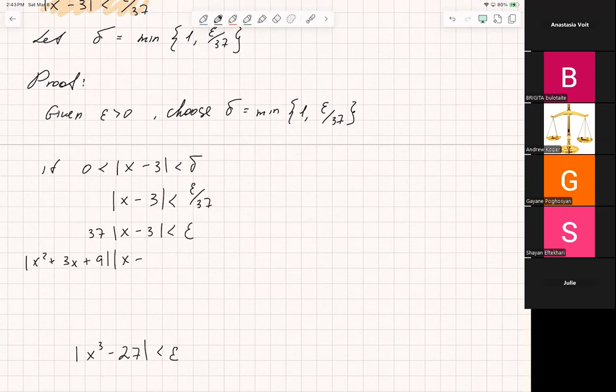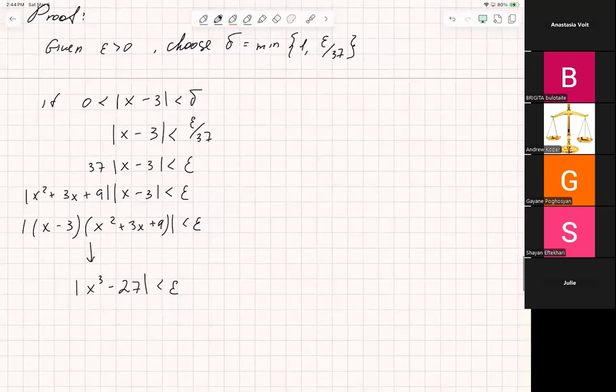We can put them under one absolute value and combine: x minus 3 times x squared plus 3x plus 9, and that's the same as x cubed minus 27, less than epsilon.